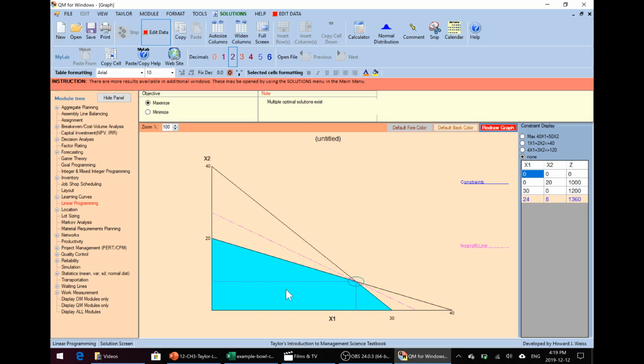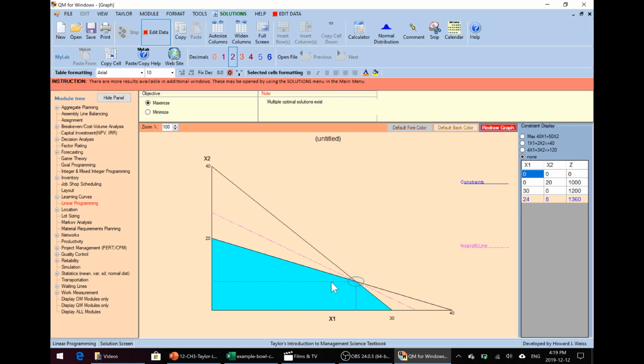We can see there are 4 corner points: 0 0, where z is 0; 0 20, where z is 1000; 30 0, where z is 1200; and finally the 24 and 8 corner point, where we have 1360. It is also showing the ISO profit line, which is passing through this corner point. So very interesting. It's very easy to use.